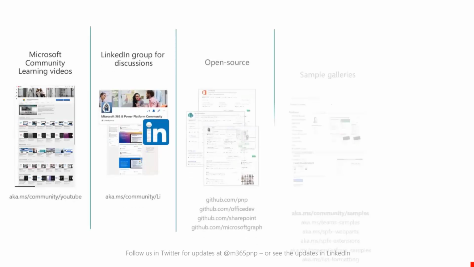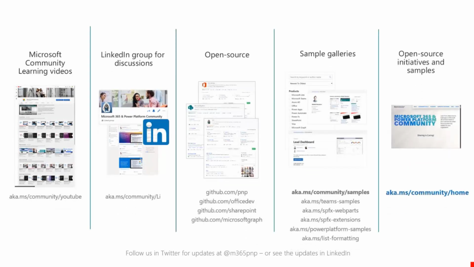But first, let's talk about some resources that are available to each and every one of you. So if you're new to the community, these might all be new, but we want to remind everybody that we have them available. They are absolutely free. So we'll start with our Microsoft Community Learning videos. This is our YouTube channel. Absolutely recommend you subscribe to get alerts of the latest videos that get dropped. We have one going out every single day.